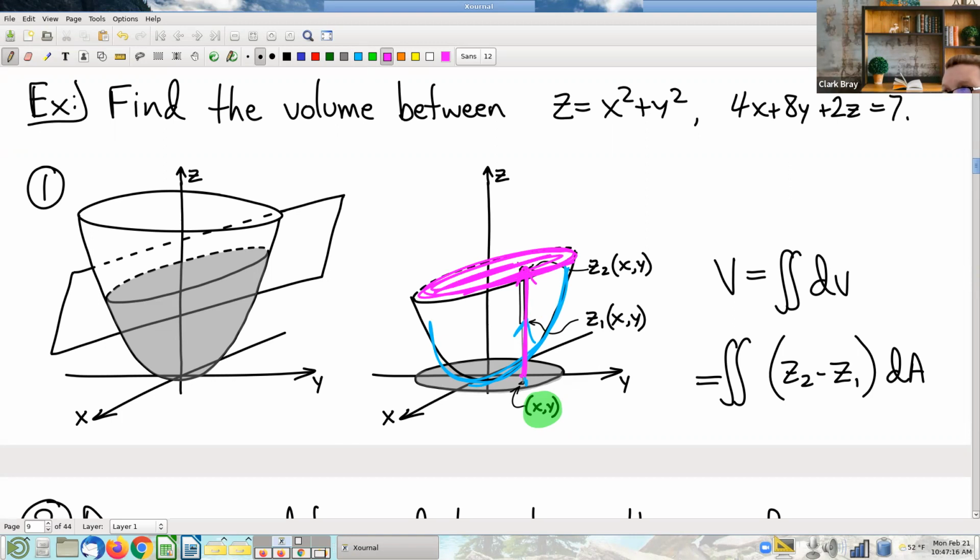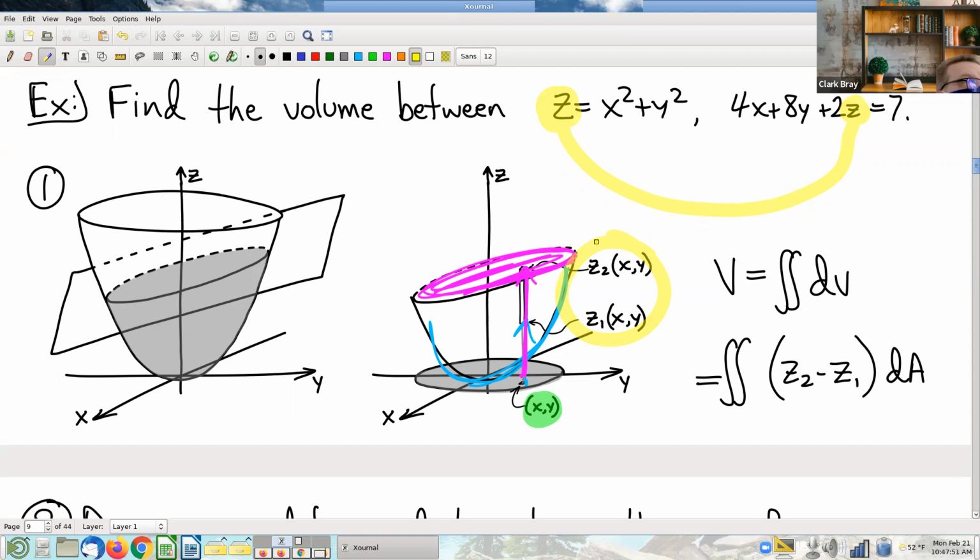I want those two heights to be the same, because when those two heights are the same, that's where the surfaces intersect. Said differently, I want to know where this z is equal to that z. I want the z's to be equal. So don't set one equation equal to another equation. That's nonsense. But you can solve for z in both of these equations, and you want those two z's to be the same. That comes straight out of the diagram.